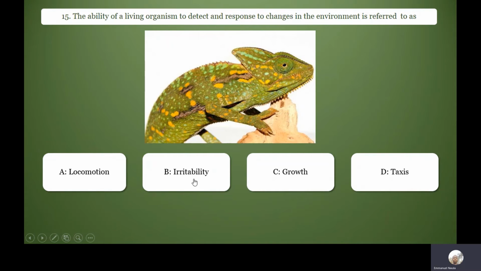Organisms are able to detect and respond to changes in their environment. The chameleon can change the color of the body depending on the color of the environment. So the correct option here is irritability.